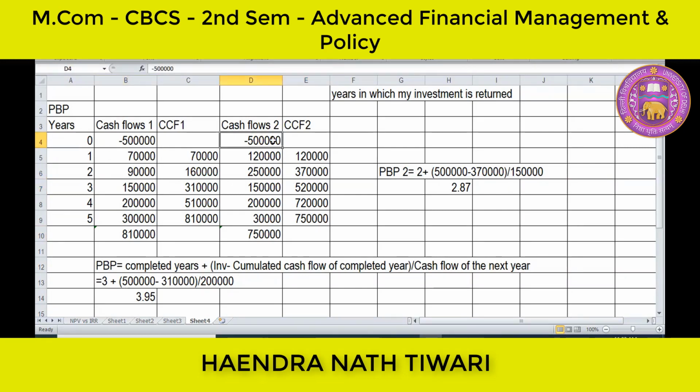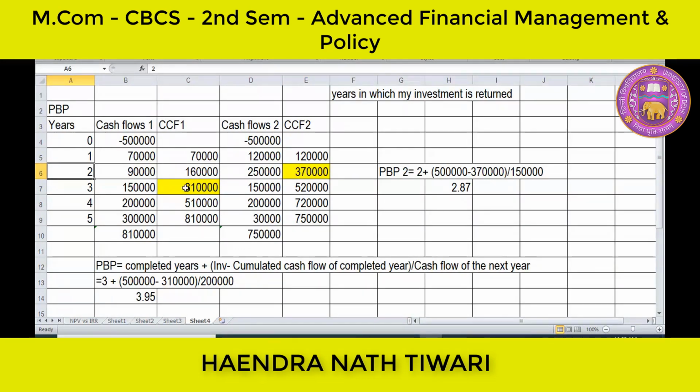So the cumulative cash flow which is less than or equal to 5 lakh is my completed year. So this 3,10,000 here and 3,70,000 here are the cumulative cash flows which are just immediately lesser than 5 lakhs. So in this case 3 years are the completed years, and in this case 2 years are the completed years.